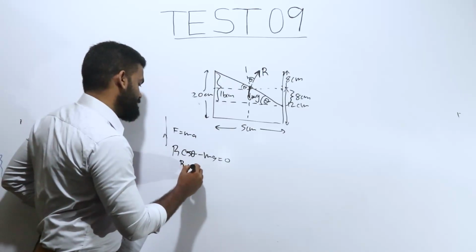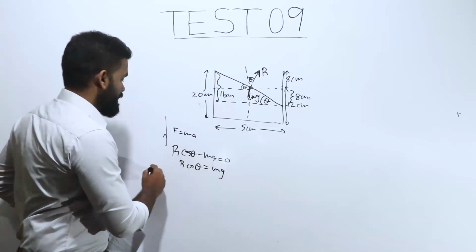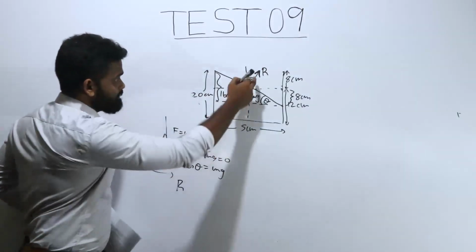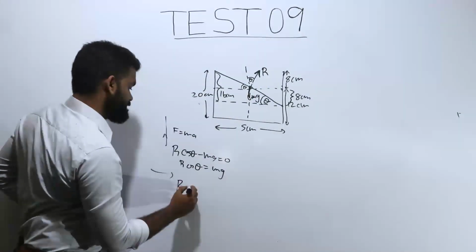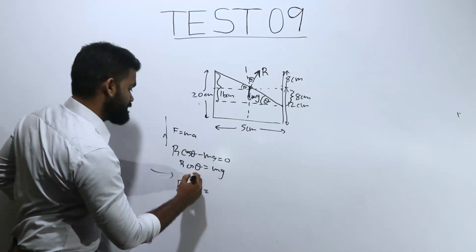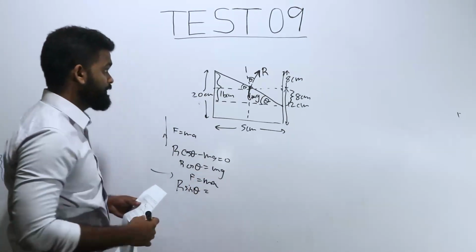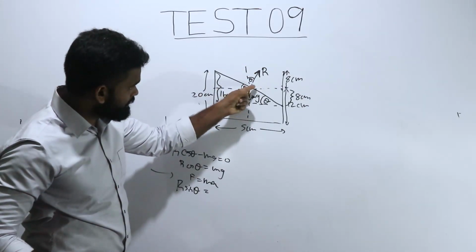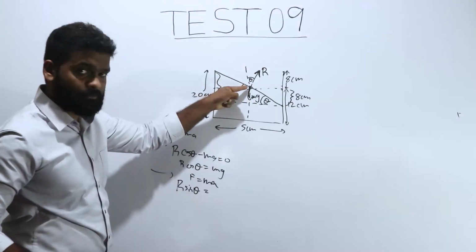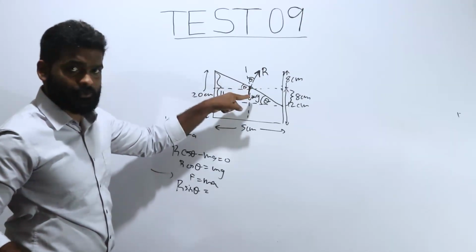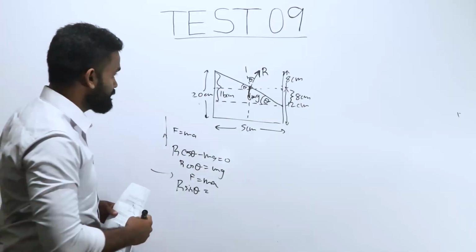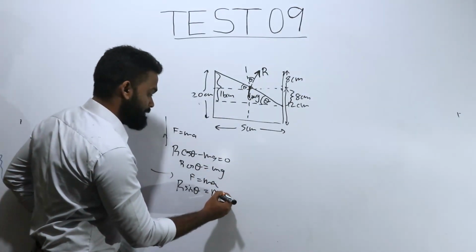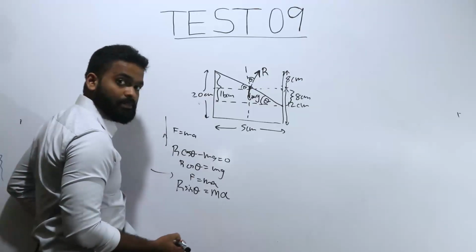So R cos theta is mg. Then I'll apply horizontally. The horizontal component should be R sin theta. So I'll apply F equals ma. R sin theta is the only force horizontally on the water particle. Mg is normal to that, right? So R sin theta equals the mass of the water particle, taken as simple m, and the acceleration as simple a.